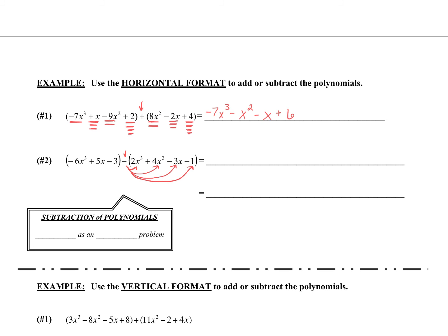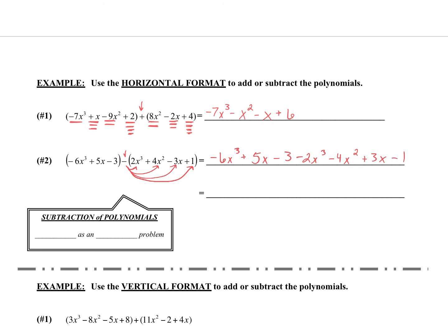And then I can rewrite this as negative 6x cubed plus 5x minus 3. Okay, and I'm distributing that negative. So if I have negative 1 times 2x cubed, I have negative 2x cubed. Then I'm going to have negative 4x squared, all right, plus 3x minus 1.